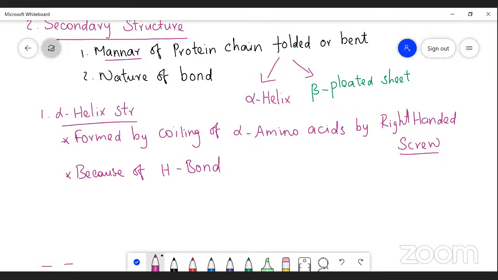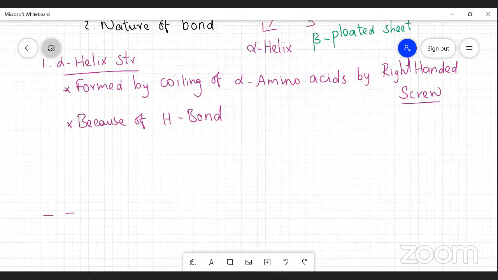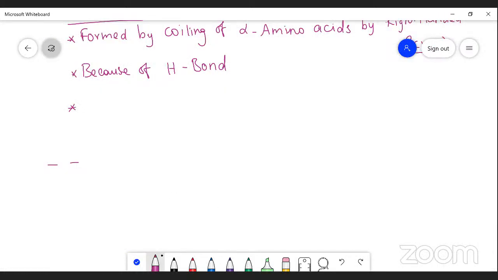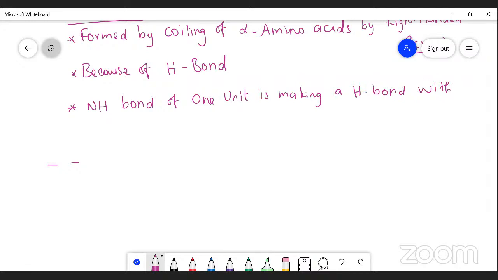And how is the hydrogen bond present in the alpha helix? Here we take one unit, the NH bond of one unit of amino acid, which makes a hydrogen bond with the fifth unit of the carbonyl CO bond.